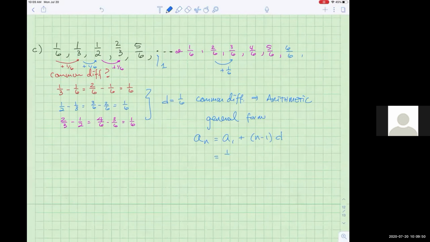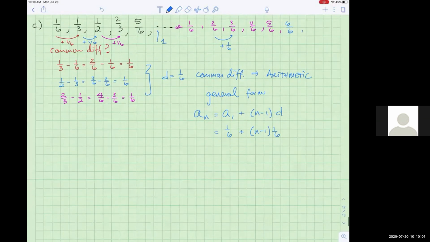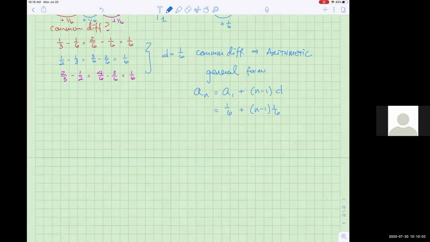So 1/6 plus n minus 1 times 1/6. And if we simplify that at all, this is 1/6 plus n/6 minus 1/6, which simplifies to just be n/6, or 1/6 times n, is our general form here.